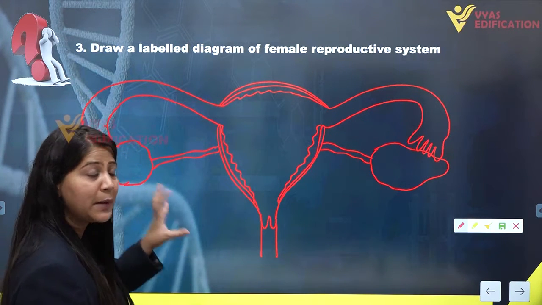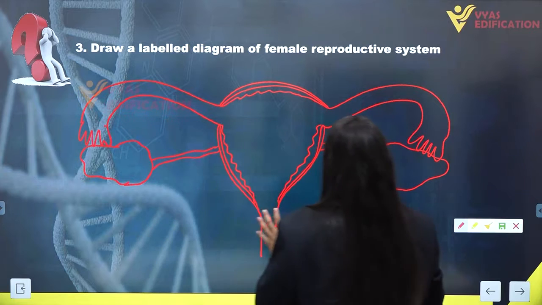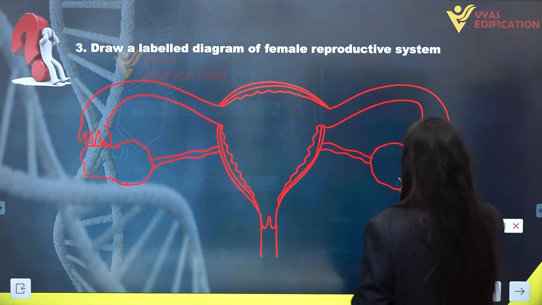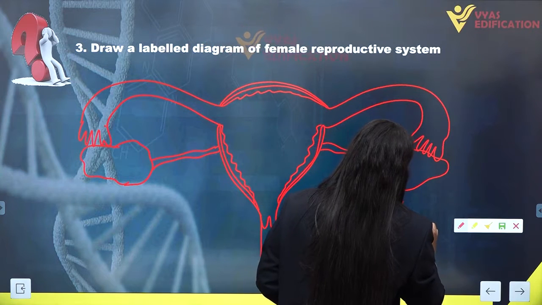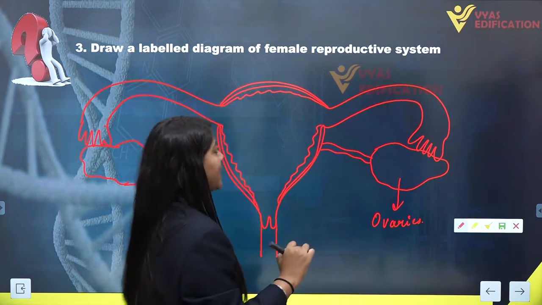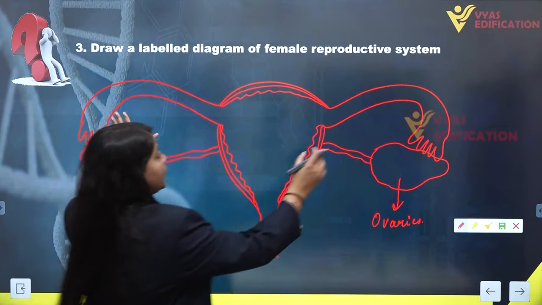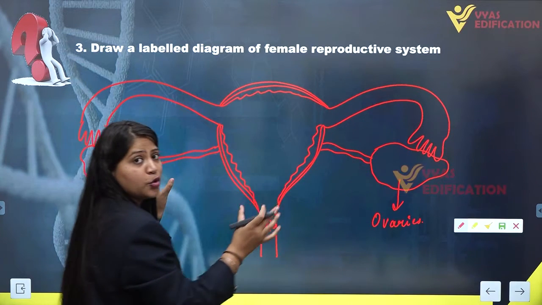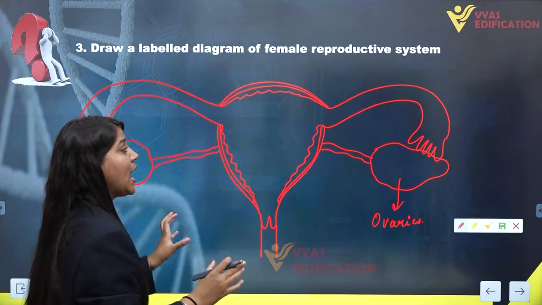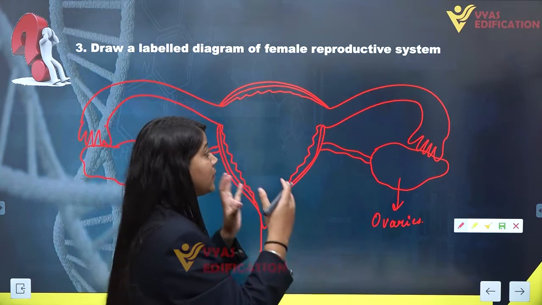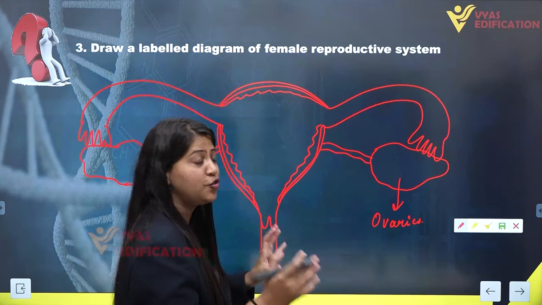Now we are going to label this diagram. As we know, this is the ovary, which always occurs in pairs. This is the fallopian tube, a pair of fallopian tubes we have in our female reproductive system, but we have different parts or compartments in the fallopian tube.